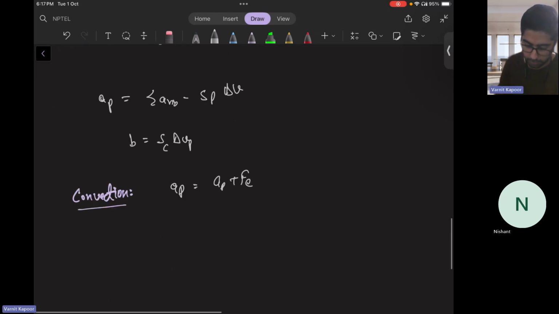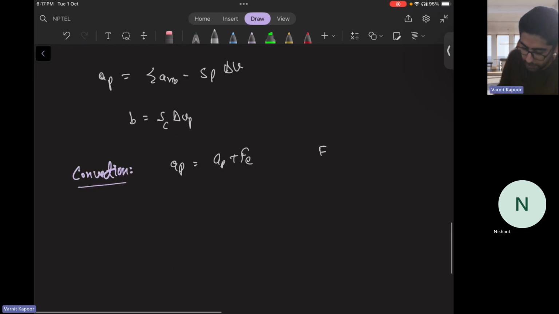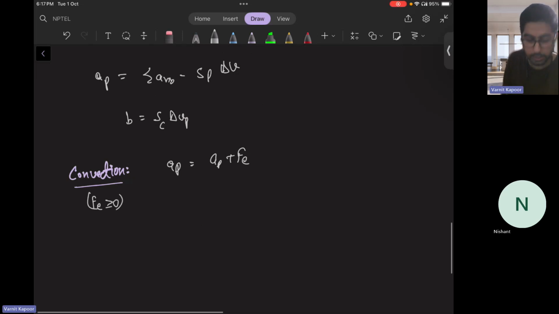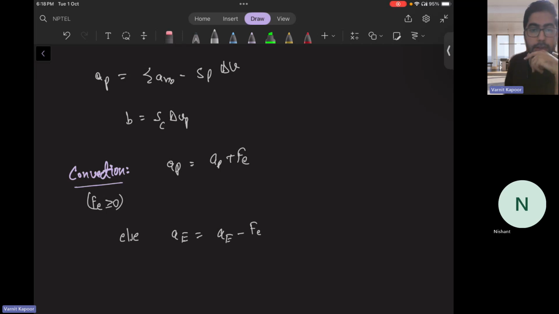This is a scenario when, let me write here, Fe is greater than equal to 0, then AP will be AP plus Fe. Else, A east will be A east minus Fe.